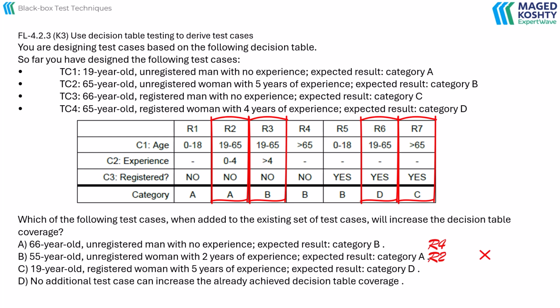C. 19-year-old registered woman with 5 years of experience. This represents R6. Also, it's not needed. D. No additional test case can increase the already achieved decision table coverage. This is wrong as we have option A, which can increase the coverage. Correct answer is A.